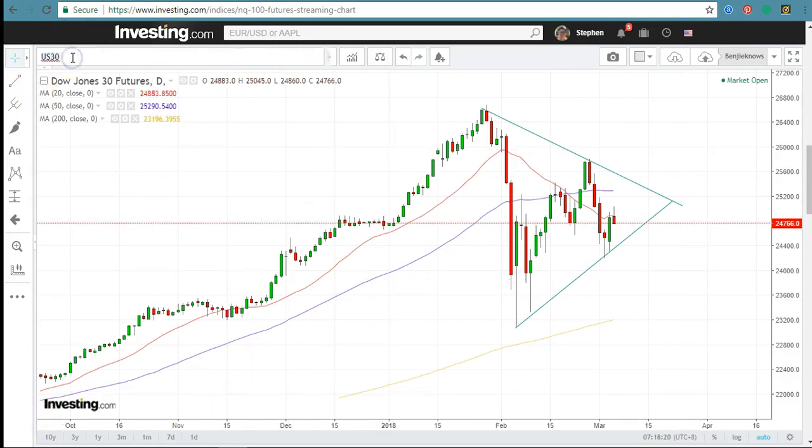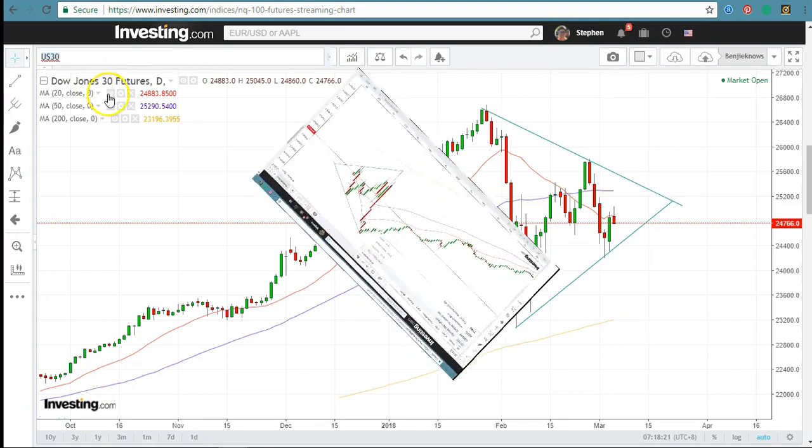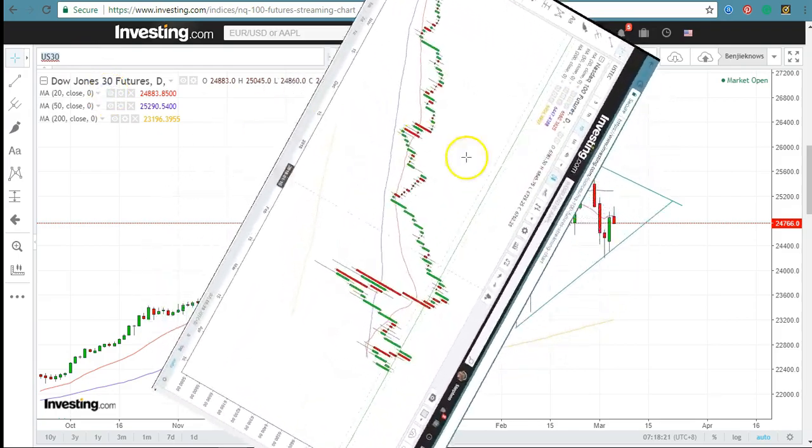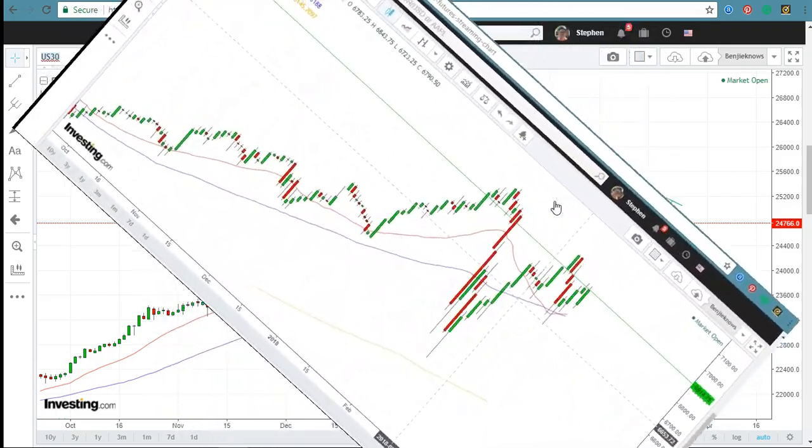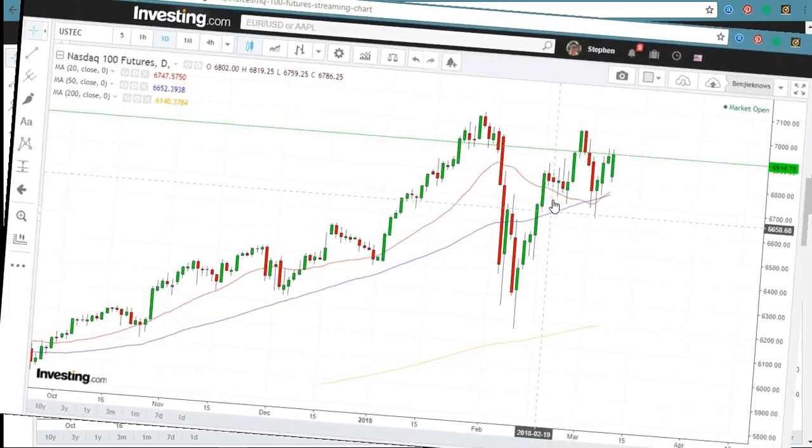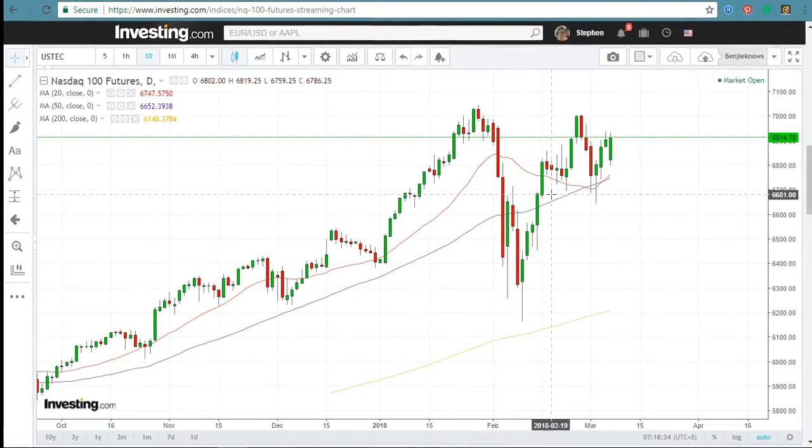Okay, now let's take a look at the Nasdaq-100 Futures. Now the Nasdaq is stronger than the Dow.